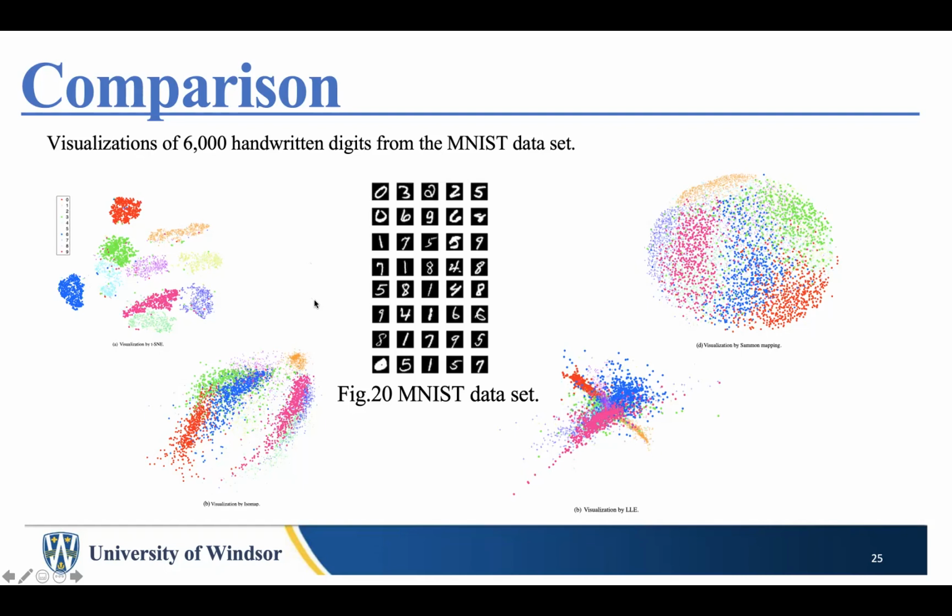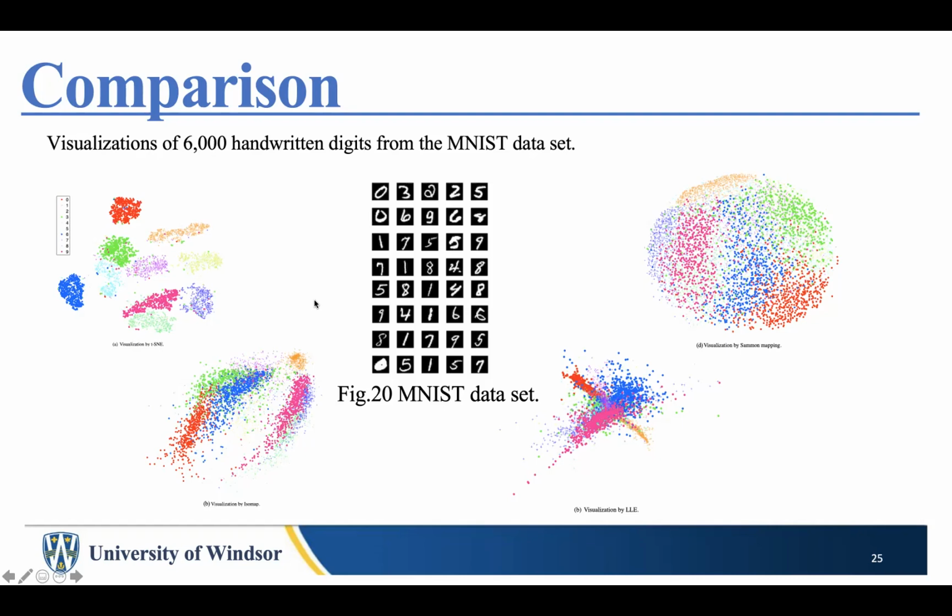The results reveal the strong performance of t-SNE compared to the other methods. In particular, Sammon mapping constructs a ball in which only 3 classes representing the digits 0, 1, and 7 are somewhat separated from the other classes. Isomap and LLE produce solutions in which there are large overlaps between the digit classes.